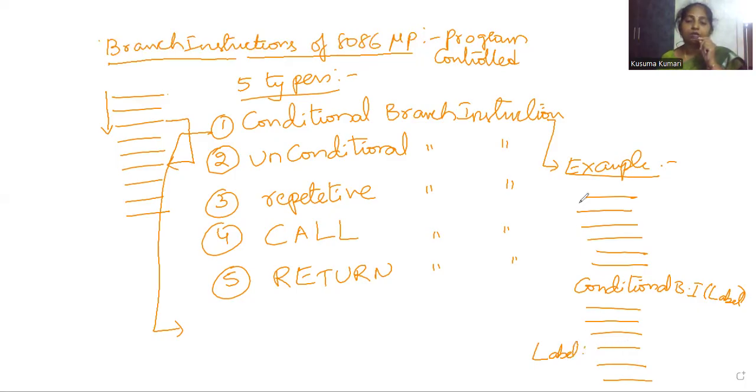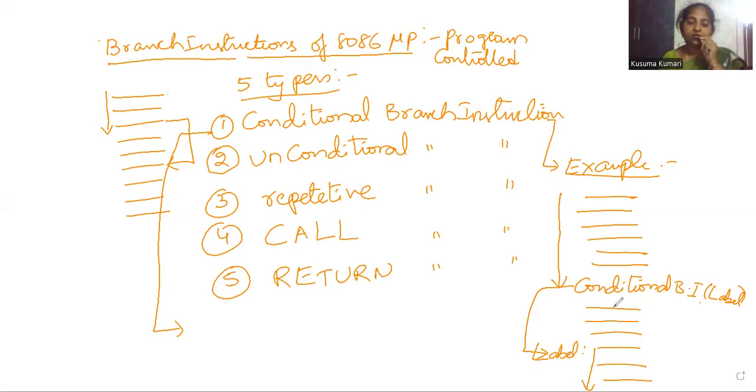Initially the microprocessor executes the instructions sequentially. When the conditional branch instruction occurs, the microprocessor checks whether this condition is satisfied or not. If the condition is satisfied, or becomes true, then it jumps directly to the labelled instruction, and from there onward it executes the instructions sequentially.